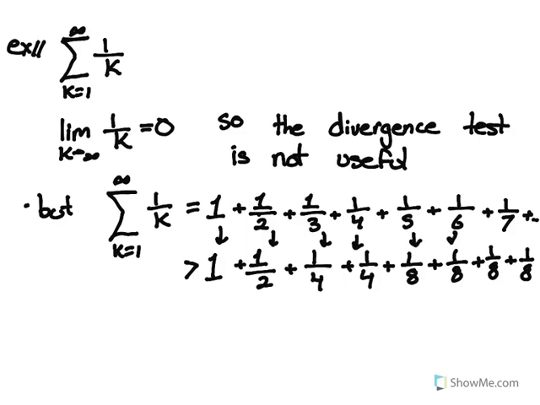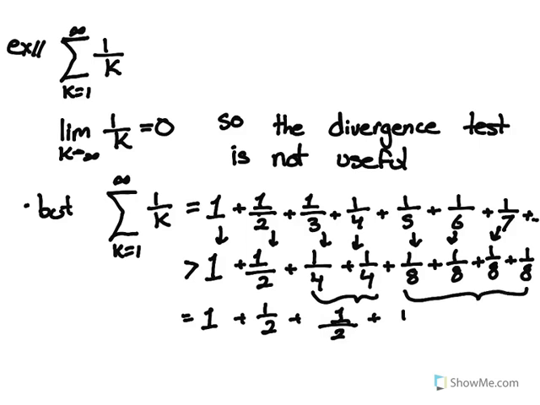And you can repeat this argument over and over again. But then we get that this is equal to 1 plus 1/2 plus 1/2, since these four terms are equal to 1/2, plus 1/2 and so on.